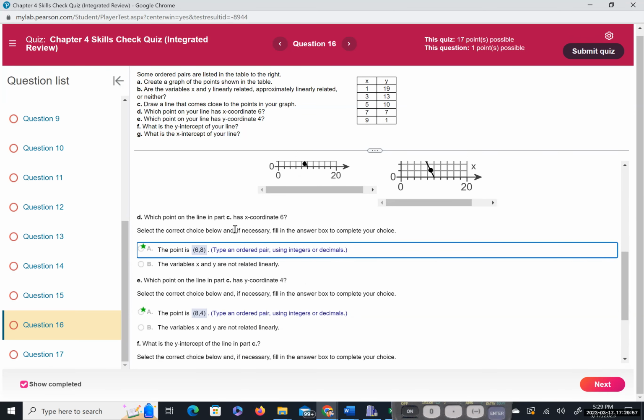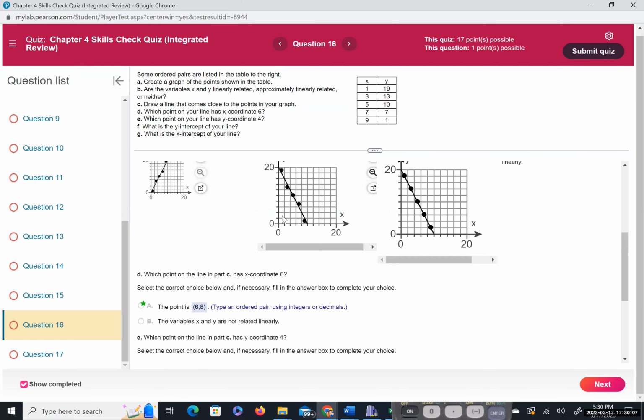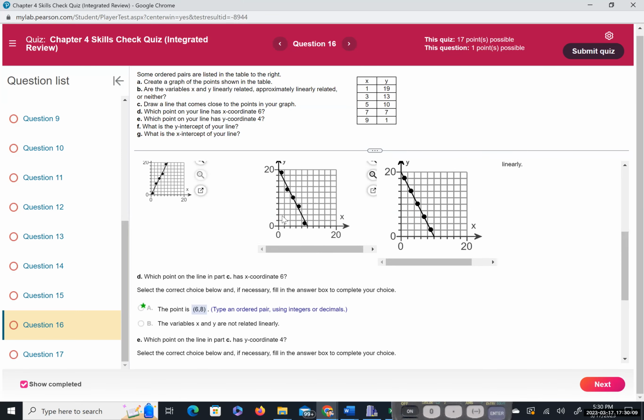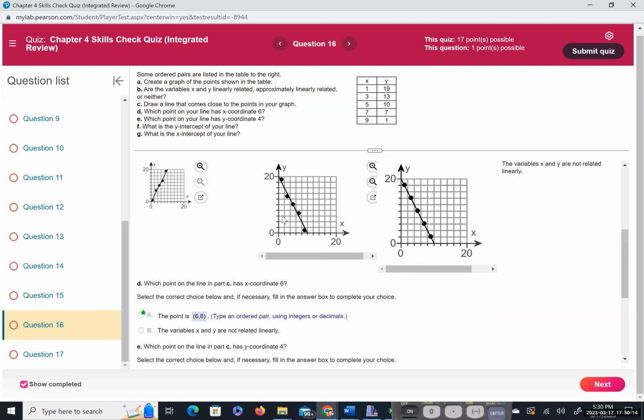Okay, which point on the line in part C has x coordinate 6? Okay, so x coordinate is 6. So 1, 2, 3. Actually, each of these is going to be 2, I think. 2, 4, 6, 8, 10, right?